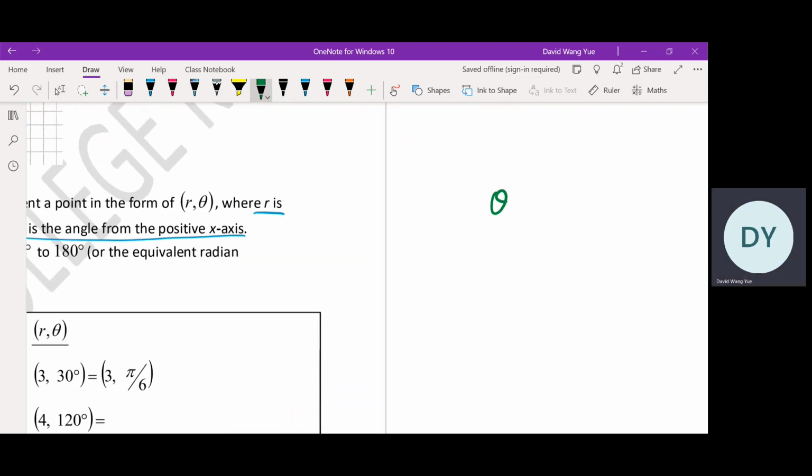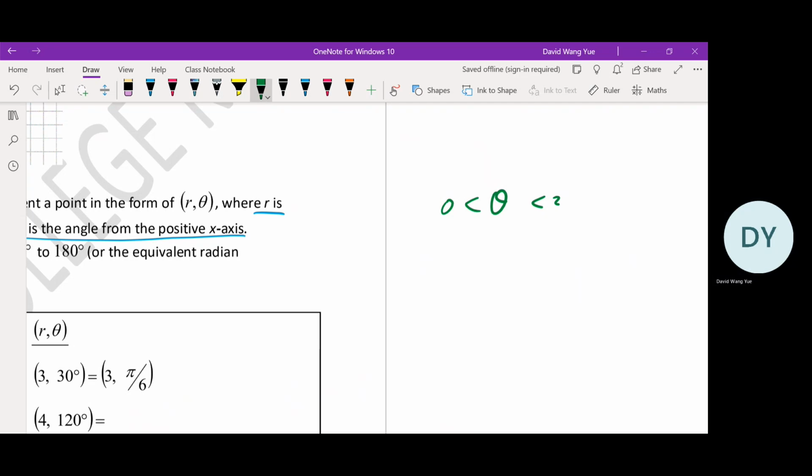So theta is either 0 to 360 degrees, or minus 180 to 180 degrees. And if I change to radian, it is either 0 to 2 pi or minus pi to positive pi.